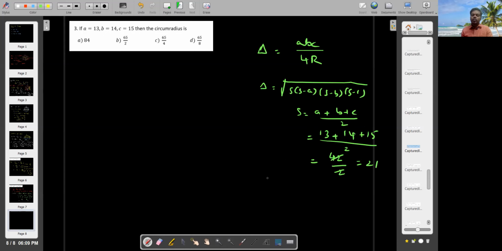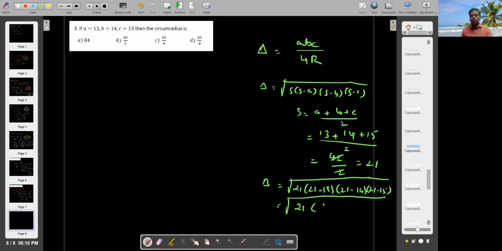When S is 21, the area of the triangle is the square root of 21 into (21 minus 13) into (21 minus 14) into (21 minus 15). That equals the square root of 21 into 8 into 7 into 6.